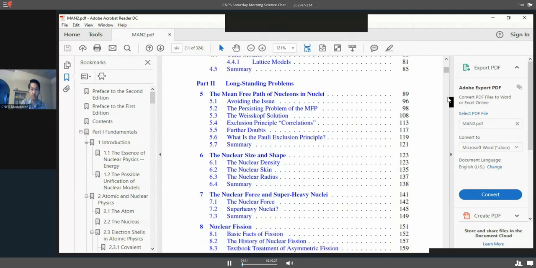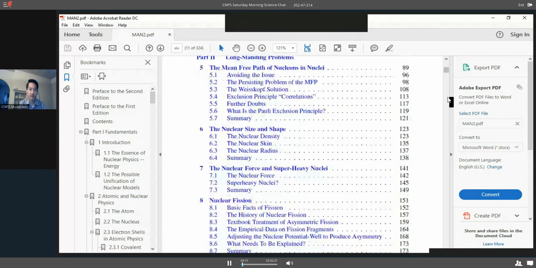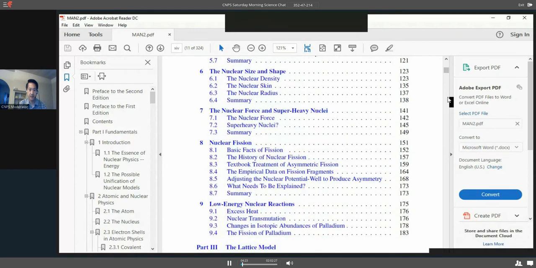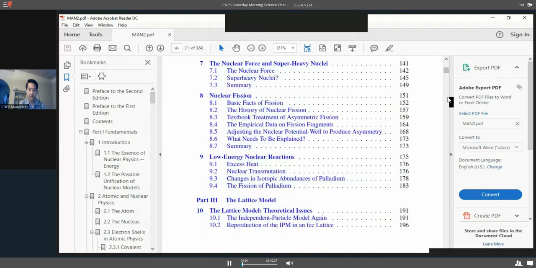In part 2, they have long-standing problems. We've got the mean free path of nucleons, nuclear size and shape, questions on the nuclear force, and questions on nuclear fission.